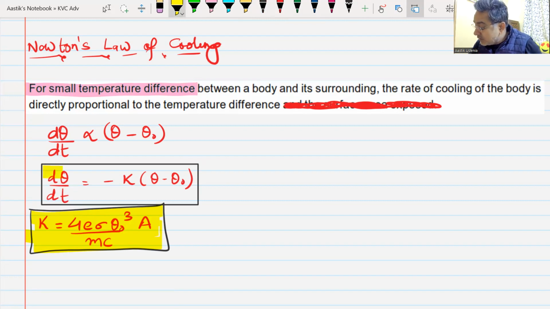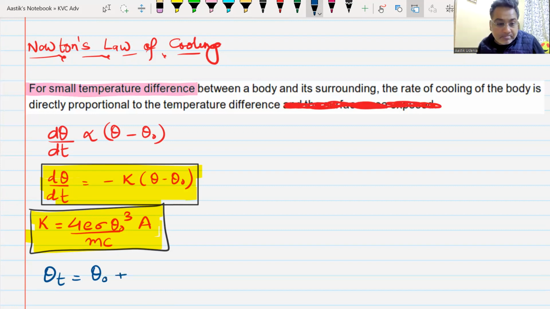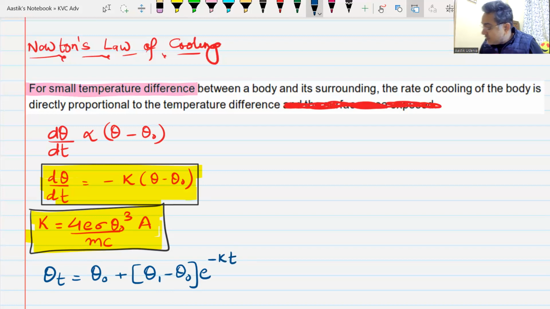Now you can easily integrate this equation, yes or no? From initial temperature theta 1 to any temperature theta. Once you integrate this equation, you will end up with this: theta at any time t will be equal to theta naught, where theta naught is the surrounding temperature, plus (theta 1 minus theta naught) e to the power minus kt.